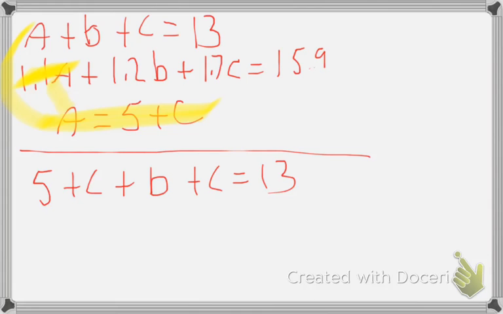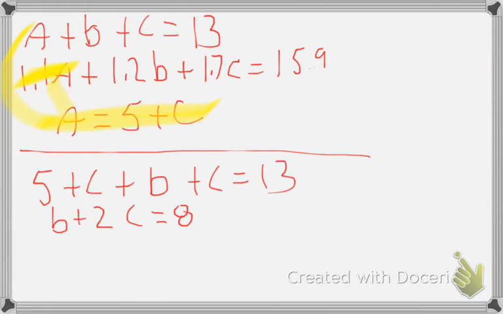Now if we combine like terms here, we're going to have B plus 2C is going to equal, and then 13 take away 5 is going to be 8. So all I did in this line is combine like terms.